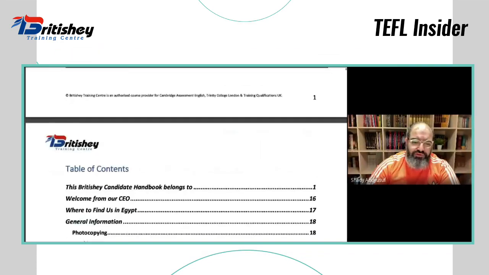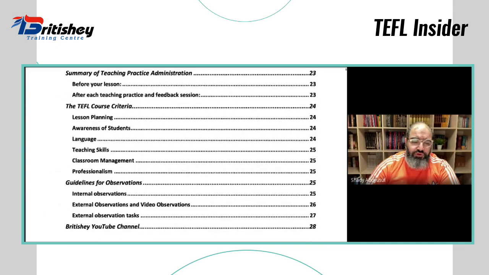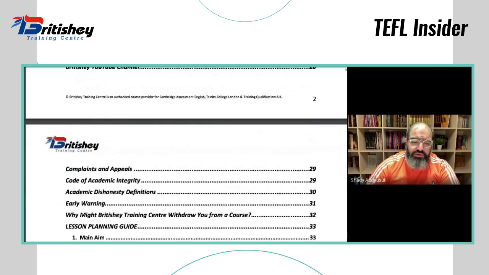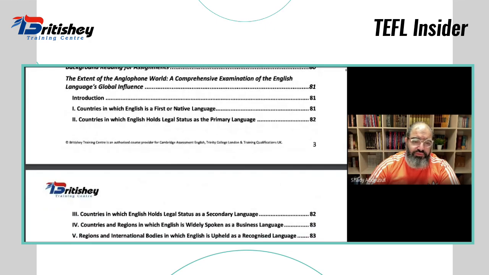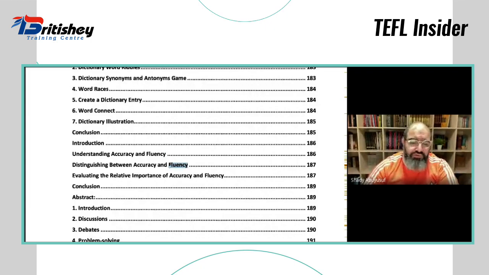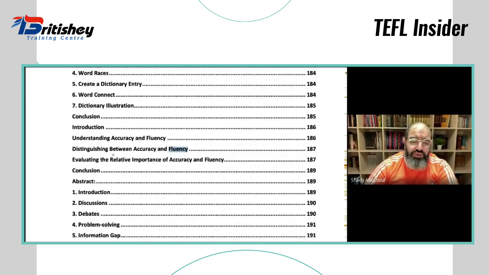Now, if you look at the TEFL handbook, my friends, we want something on fluency versus accuracy. So let's see where we can find this. As you see, we've got understanding, accuracy, and fluency on page 186, and we've got distinguishing between accuracy and fluency, and evaluating the relative importance of accuracy and fluency.